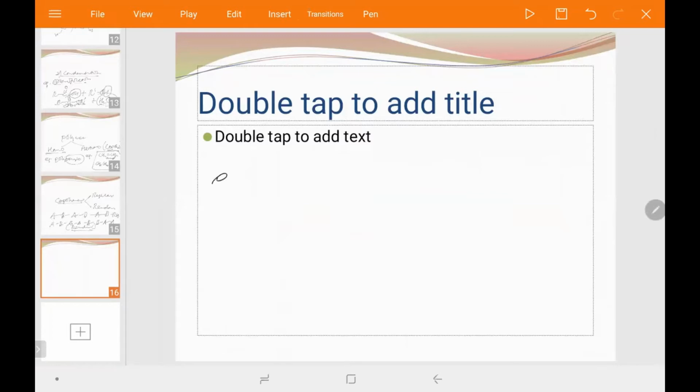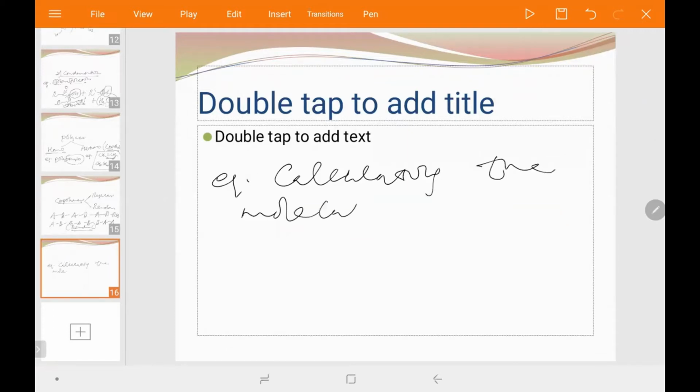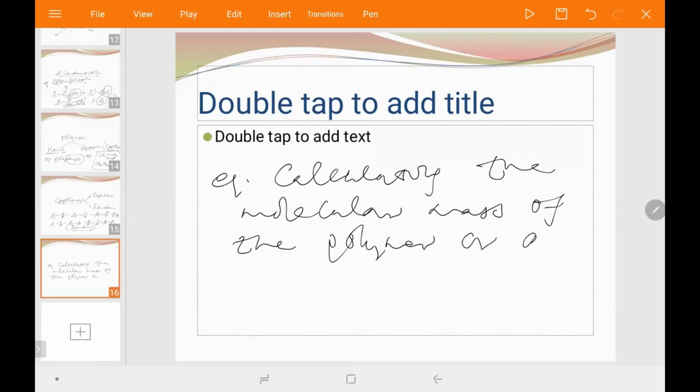For example, it is calculating the molecular mass of the polymer, or determining the n value.